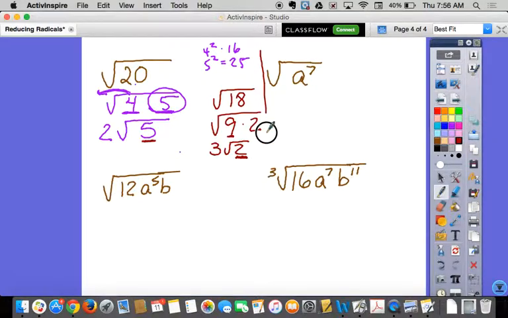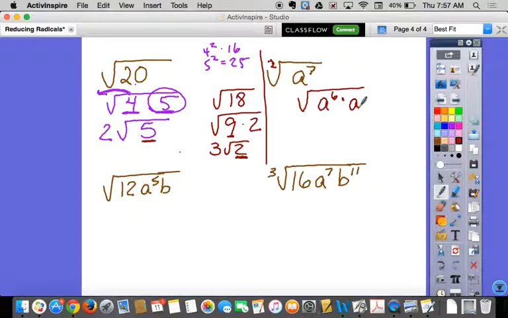So if you have a variable, and look, that's square root of a to the 7th, 7 divided by 2, this is not going to work out well. But what you can do is you can break that up. So take your power, and you basically pull your a to the 7th apart into 2 different products so that you have one very large part that has an even power, and then you got that one little extra over to the side.